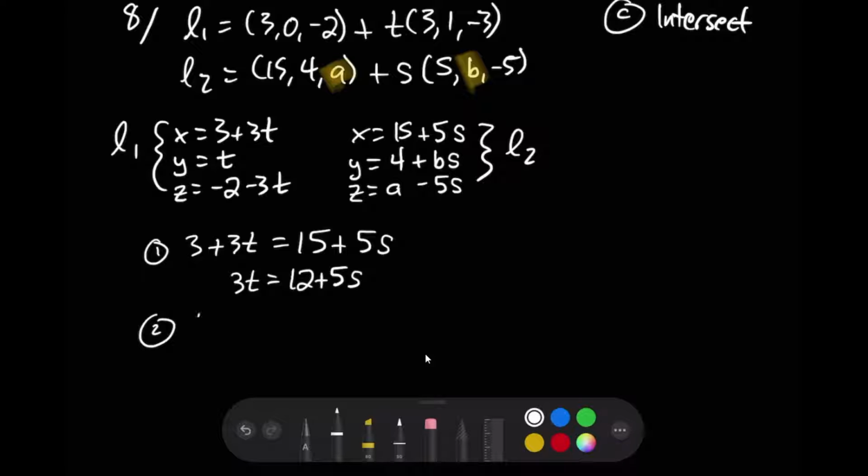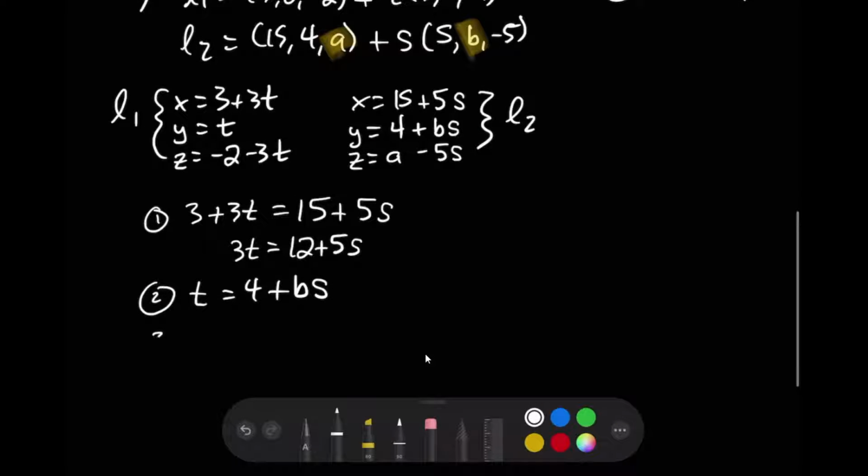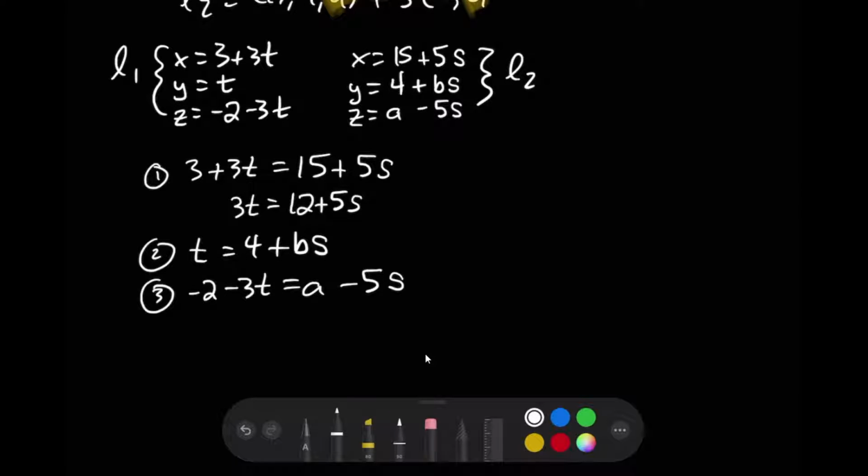Equation 2: t equals 4 plus bs. And equation 3: negative 2 minus 3t equals a minus 5s.